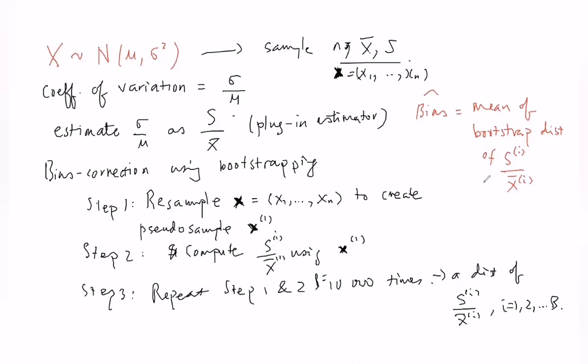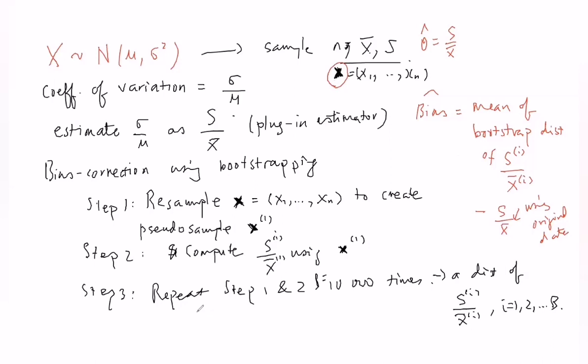The estimate is the mean of this, subtract theta hat. Here your theta hat is actually S over X bar, so subtract S over X bar. This one is using the original data.